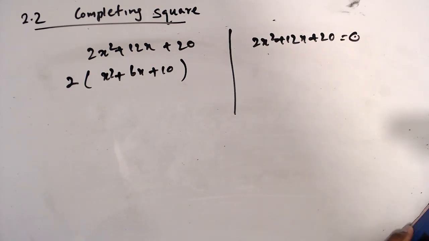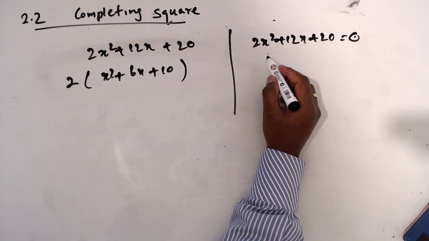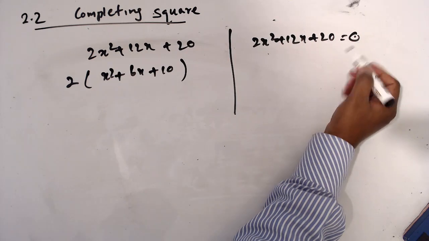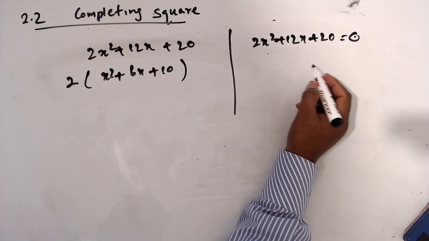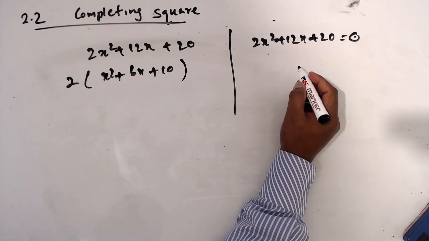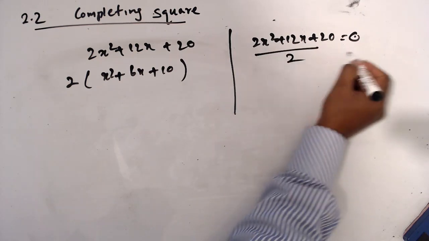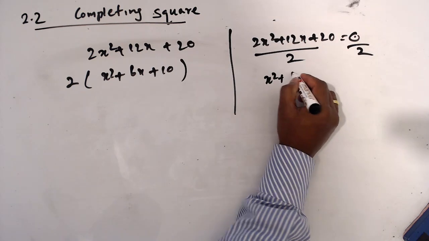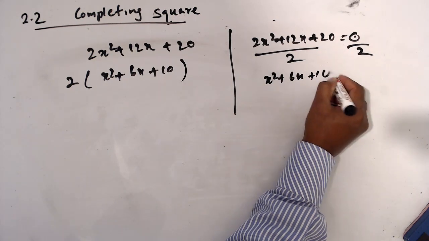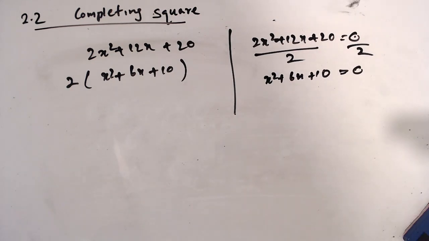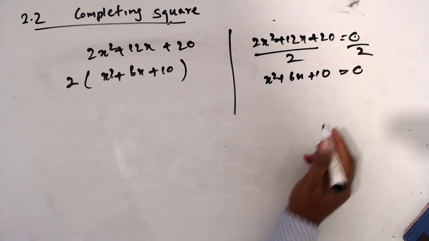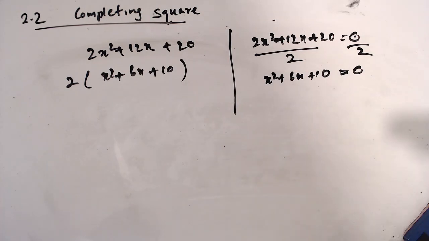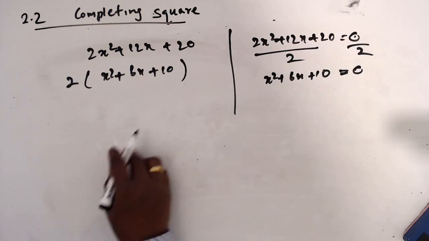Now since this is an equation, I can divide both sides by 2. Then this becomes x square plus 6x plus 10 equals 0, because this is an equation and this side is 0.